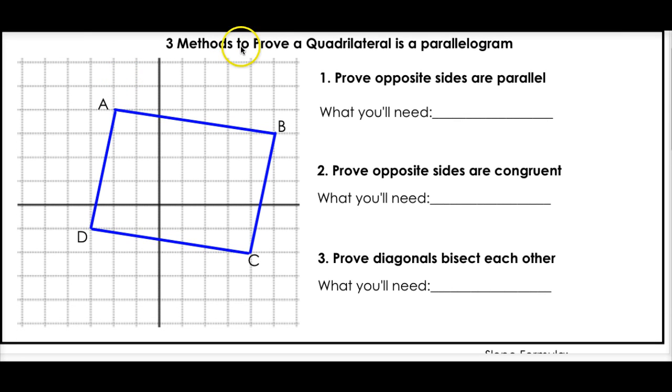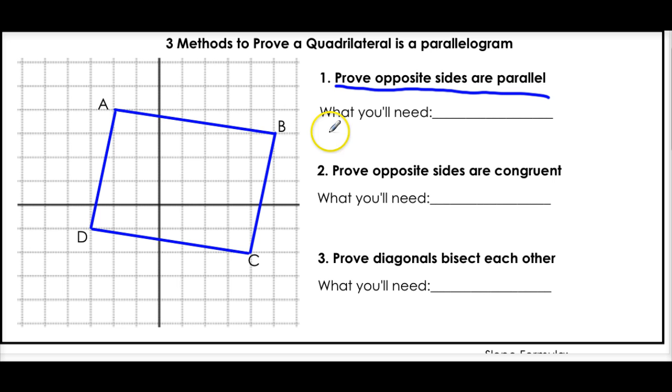How do we prove something's a parallelogram? Well, there's three properties that we can use. The first thing we could do is show that the opposite sides are parallel, right? We know this property is true. So if we could show that opposite sides are parallel, then we can prove that it's a parallelogram.